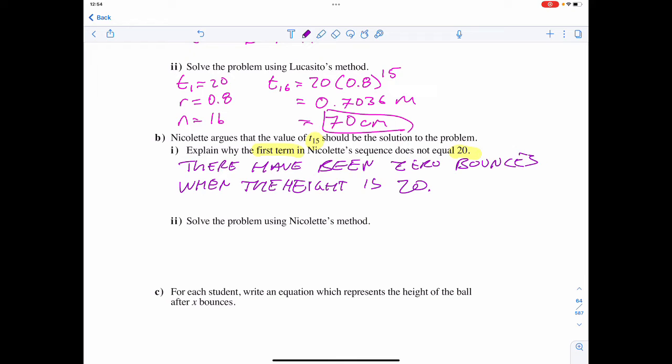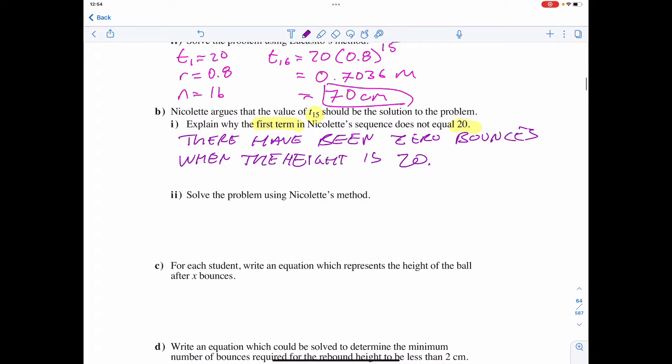So if I want to use her method, then that just means that the first term would be after the first bounce has taken place, or 20 times 0.8, which means that Nicolette's first term has to be 16 for this to make sense.